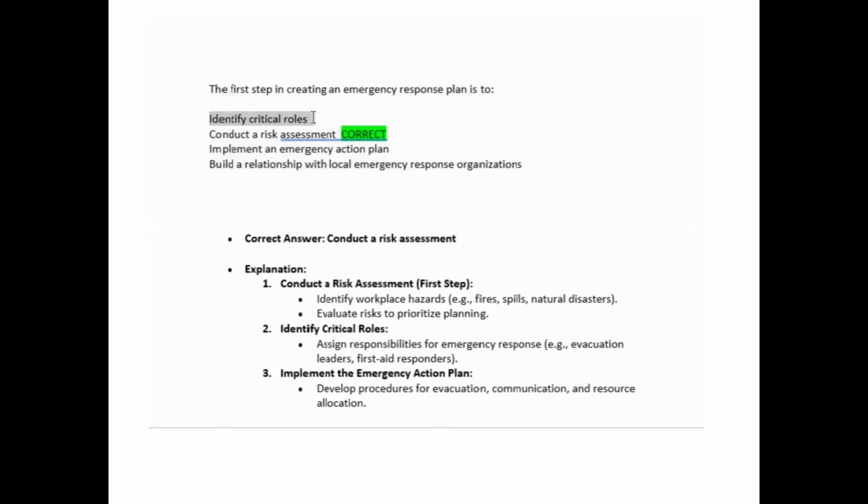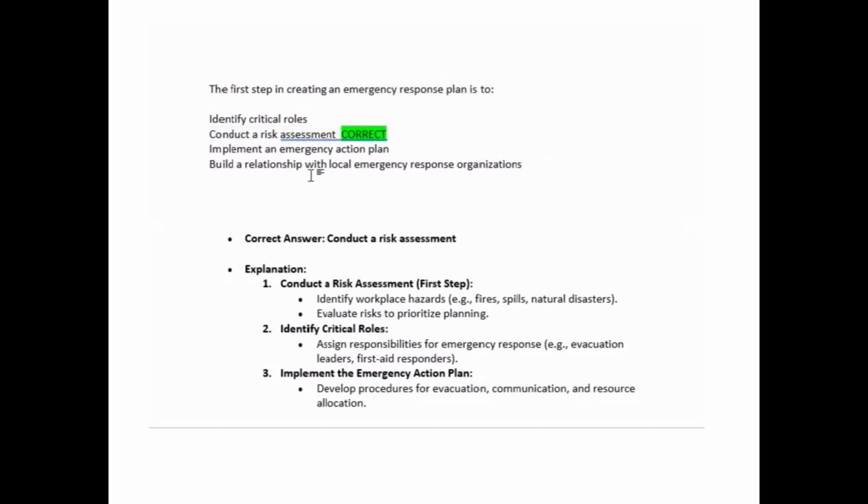Identifying critical roles, no. Conduct a risk assessment, we will check it out. Implementing an emergency action plan and all implementation are later stages. Building a relationship with local emergency organizations is also there, but the first step is obviously to conduct the risk assessment. So we have to understand what all the hazards are.